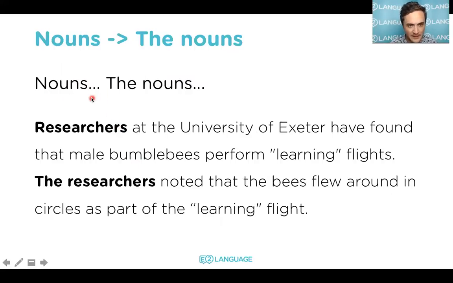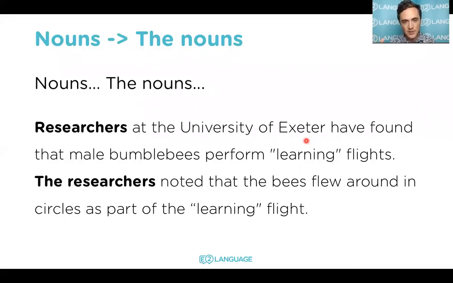We go from nouns to the nouns when we introduce the thing for the first time, and it's always a plural thing. For example, researchers, no article. Researchers at the University of Exeter were introducing this. It's the first time we've mentioned the researchers, and we are not using an article.